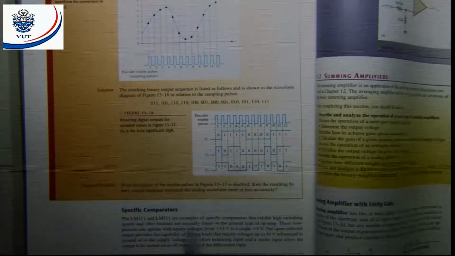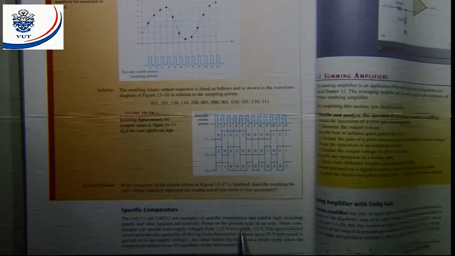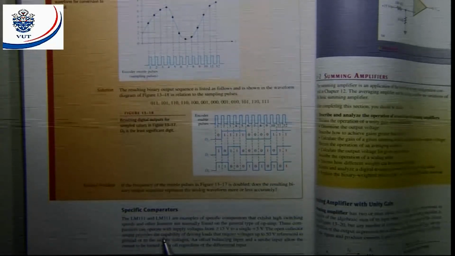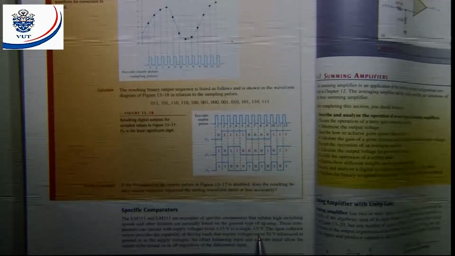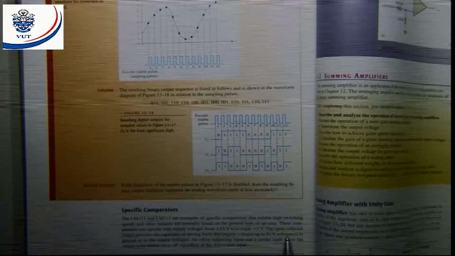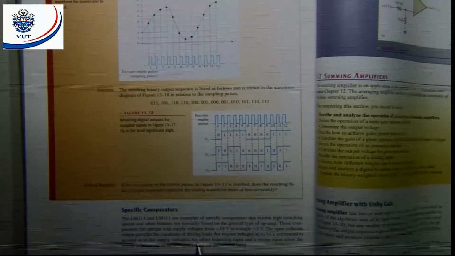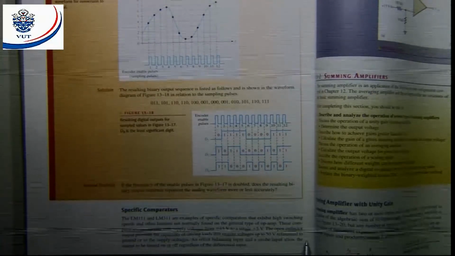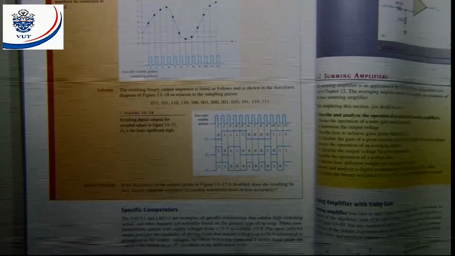Those comparators can operate with supply voltages from plus minus 15 to a single plus 5 volt. The open collector output provides a capability of driving loads that require voltages up to 50 volt referenced to ground or to supply voltages. An offset balancing input and a strobe input allow the output to be turned on or off regardless of the differential input.